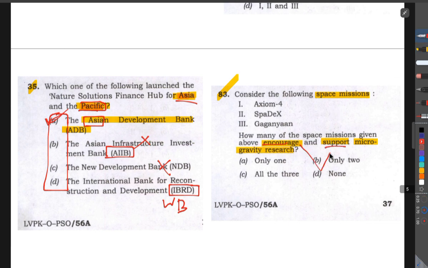Encourage and support are very broad terms. So 1, 2, 3 can actually come, because Axiom 4, SpaDeX, Gaganyaan might at some point be encouraging and supporting microgravity research. In this way, by identifying the keywords, you can actually crack the questions easily.